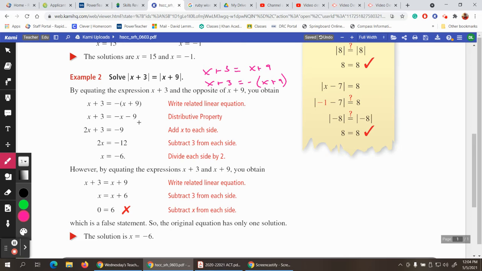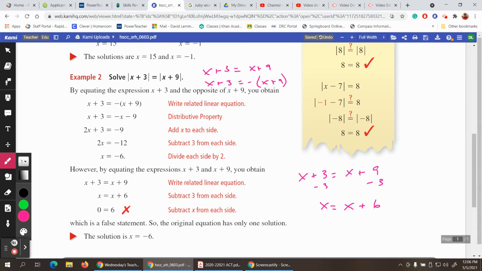However, by equating the expressions x plus 3 and x plus 9, all right, whenever you put these, you have x plus 3 equals x plus 9. When you subtract the 3, you end up with x equals x plus 6, right?